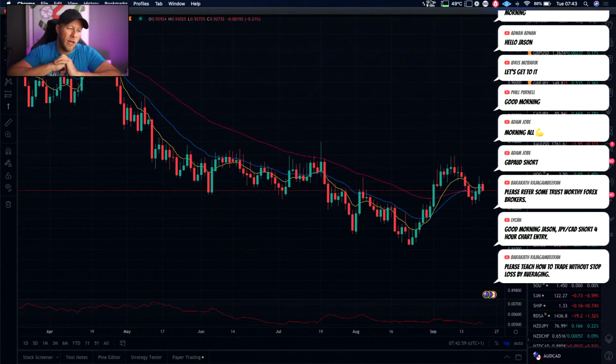So I think the question might be, why would you want to trade without a stop loss when the primary focus for a trader is to not lose money? If your primary focus as a trader is to not lose money, which it should be, by the way, then why would you not want to use a stop loss? I've never met a successful trader that doesn't use a stop loss, personally.